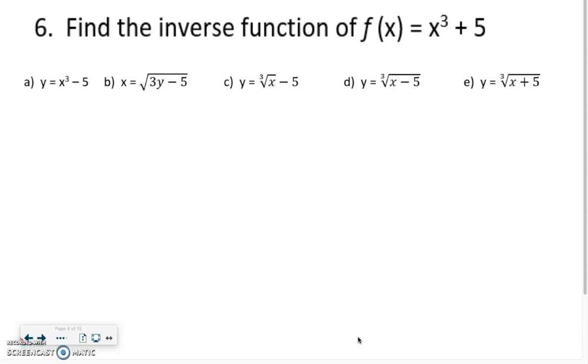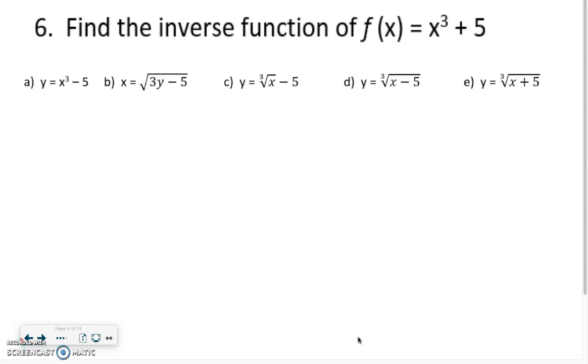I'd like for you to think about this in terms of the bigger picture, though. When we're talking inverses, what are we doing with our domain and range? Yeah, the domain and the range are literally trading places. So the way that we think this through is that you're literally trading x's and y's.